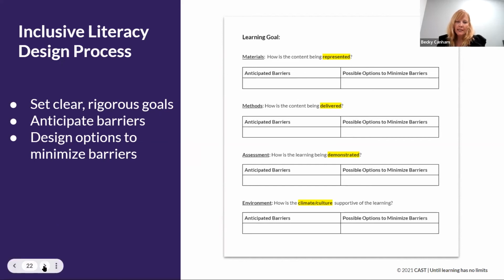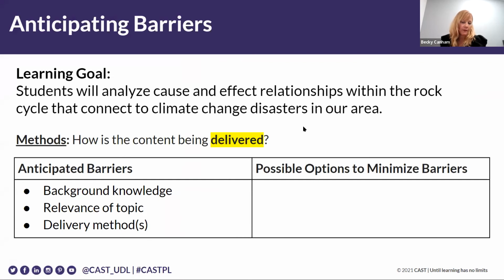Last time we were together, we went through the anticipating barriers process. So we're going to go back to that same example, and Wyatt is going to walk us through how we can use those anticipated barriers to design our options to minimize those barriers.